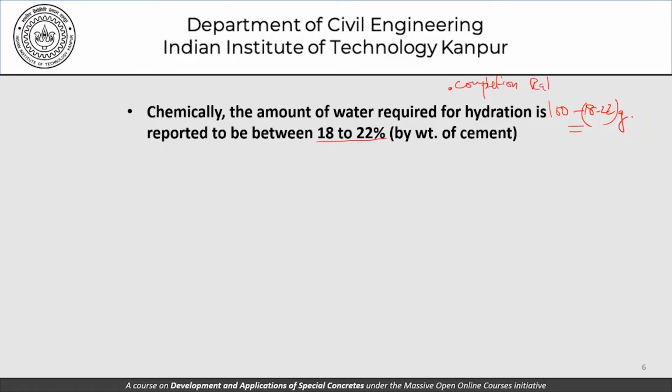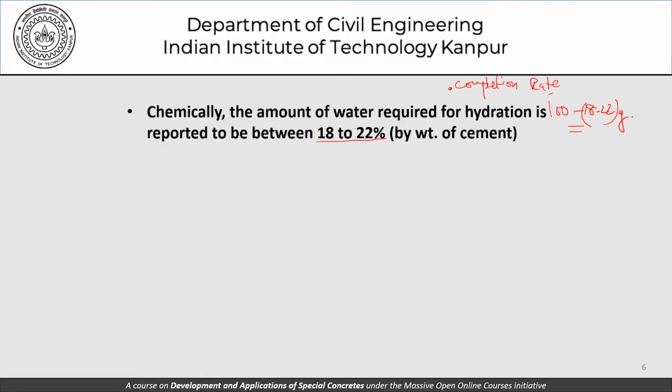When I say that it requires 22 grams of water per 100 grams of cement for hydration, I'm not talking about the rate, how soon or how much later it will be consumed. But let's take that with a pinch of salt and say that the amount of water required for hydration of cement is between 18 and 22%.